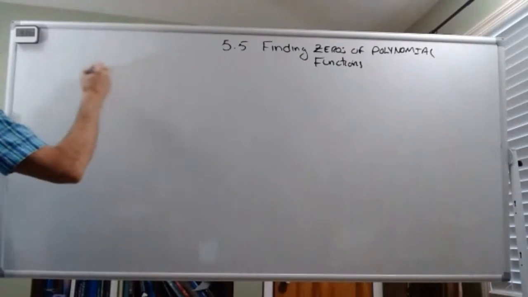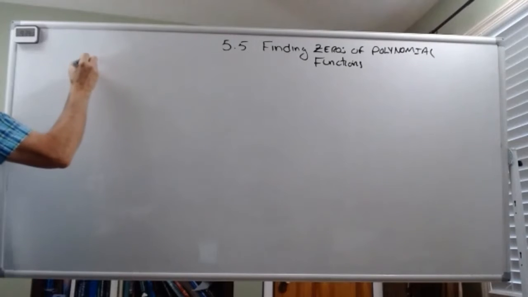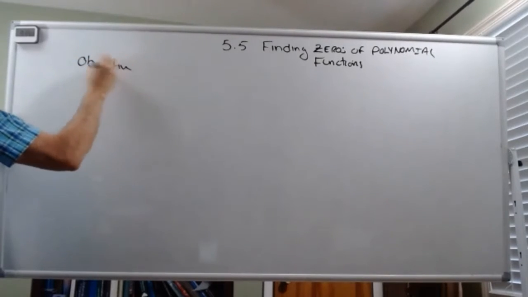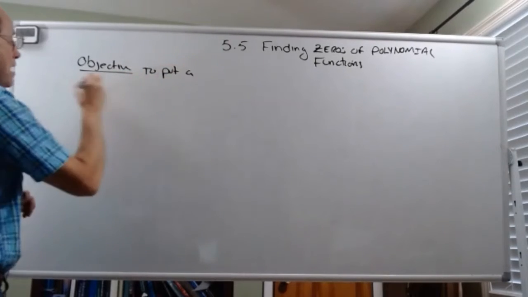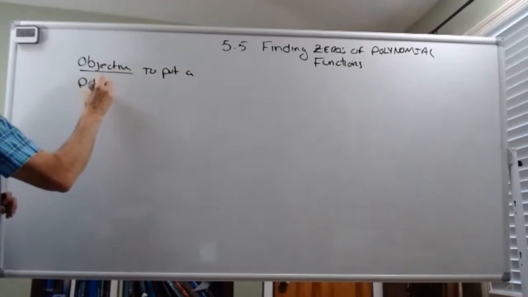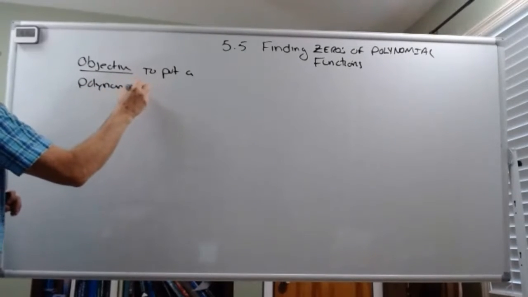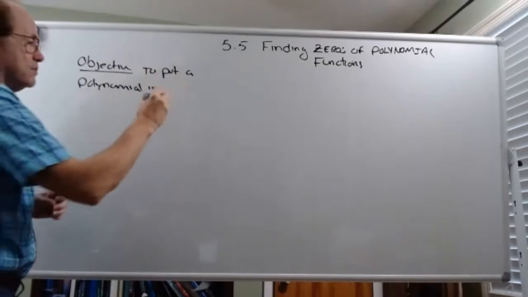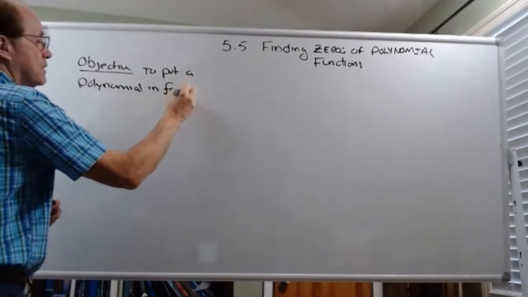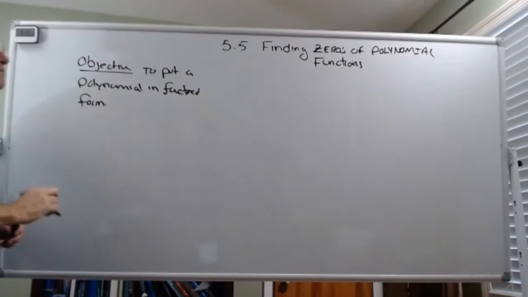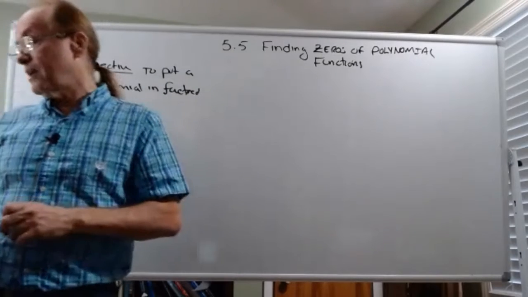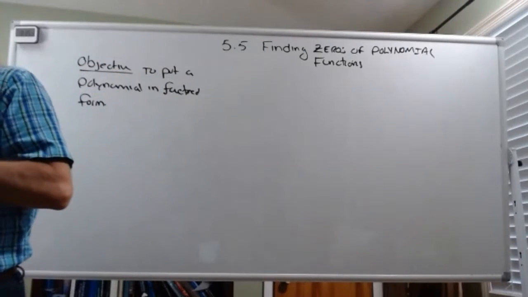So our end objective, in addition to finding those zeros, is to put a polynomial function in factored form. So let's jump right into it. I'm going to look at the even problems.